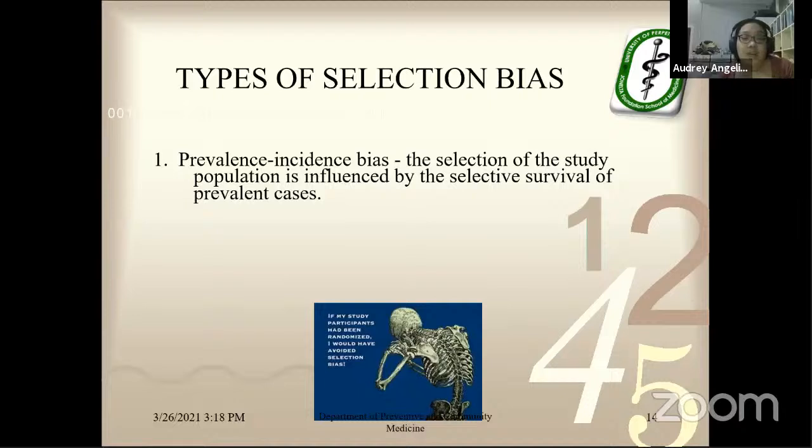So you would look at your chronic diseases compared to acute stroke. Of course, prevalence would be higher in hypertension, diabetes, compared to stroke patients, etc. So it would depend on the survival of prevalent cases.